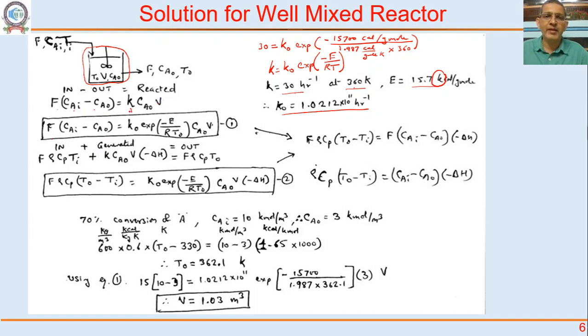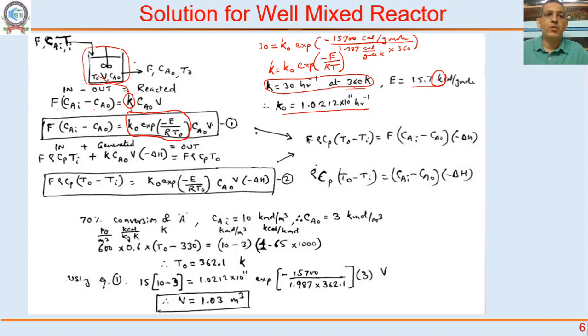This K we can write in terms of K0 e raised to minus E by RT0. Why is that? The K in this material balance is at a temperature of T0, whereas K is 30 hour inverse at 360 Kelvin.